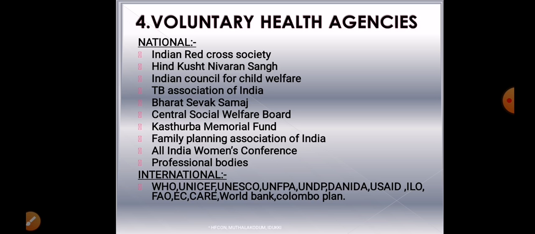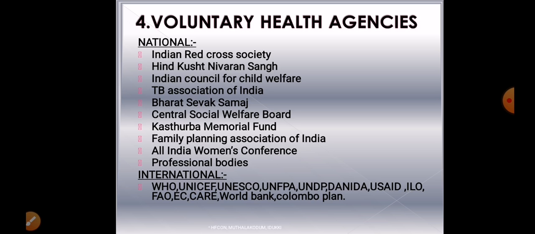So in voluntary health agencies, we all know that it is an autonomous board which is not coming under the direct control of government, and they collect the various funds through paid and unpaid work. So like we have various national and international health agencies. The national health agencies we have already studied in this particular unit.